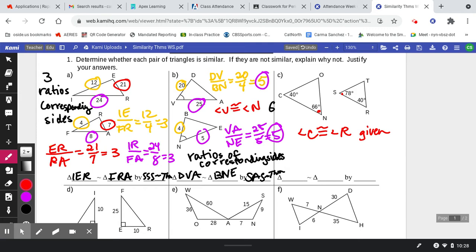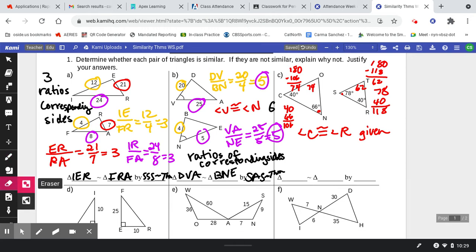So real quick, I need to do a subtraction here. I need to do 40 plus 66, and that gives me 106. And then I need to subtract that from 180 to see what this missing angle is. So that's 74. And over here, if I do 78 plus 40, I get 118. 180 minus 118, I'm getting 62.